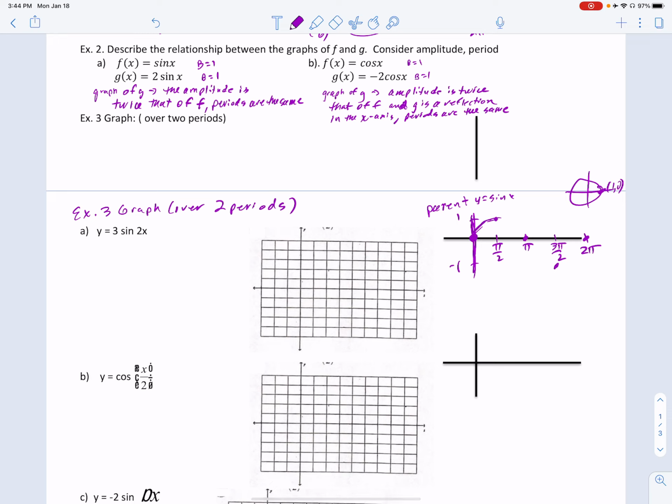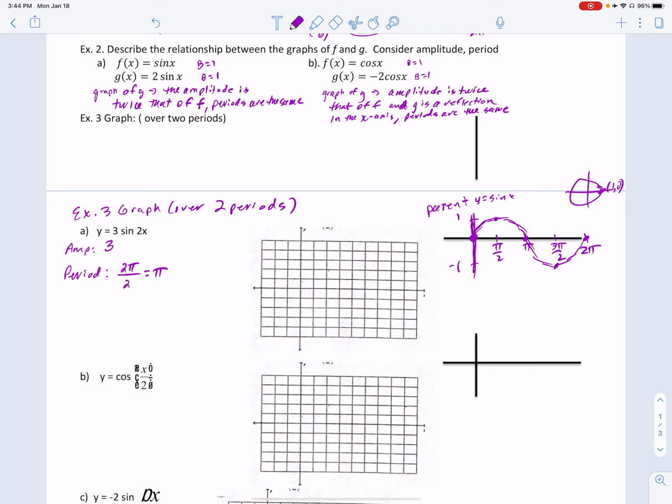So sketching the parent function, that's just one period, 0 to 2 pi. And so now when we go to graph this, since y is equal to 3 sine of 2x, the amplitude is 3. And then we need to figure out the period. The period is 2 pi divided by b, and b in this case is 2.